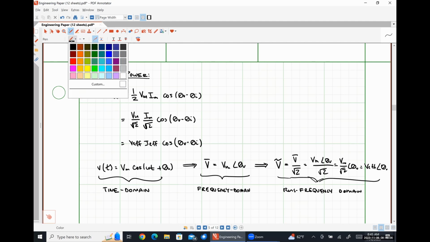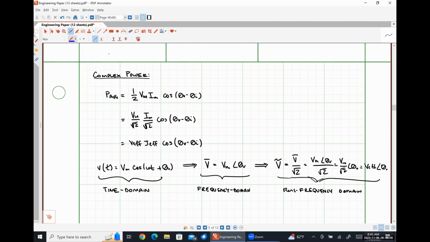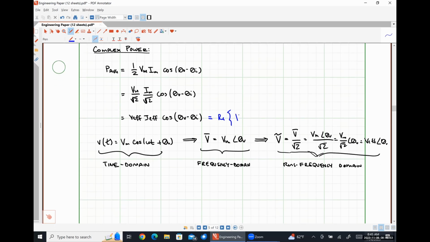So the reason why I'm bringing this up is if we look at our average power relationship here, this is just the real part of the following mathematical operation: our RMS phasor voltage times the complex conjugate of our RMS phasor current.